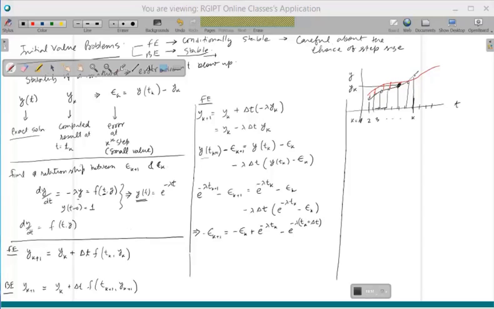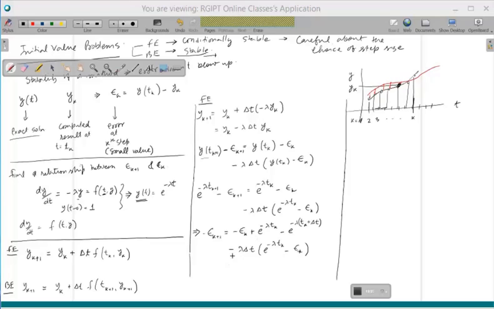So this is basically this term taken on the right hand side. This is what I get. Minus lambda delta t e raised to minus lambda tk minus epsilon k.